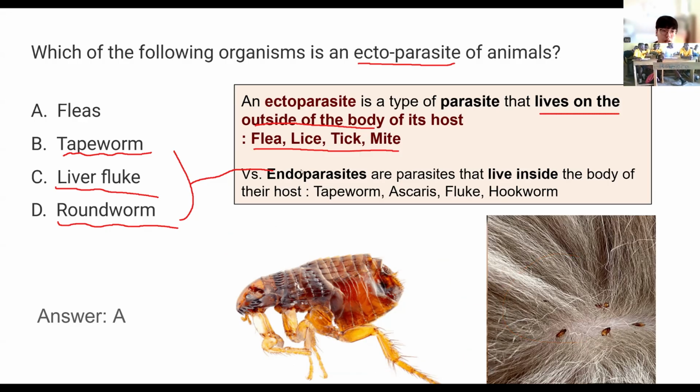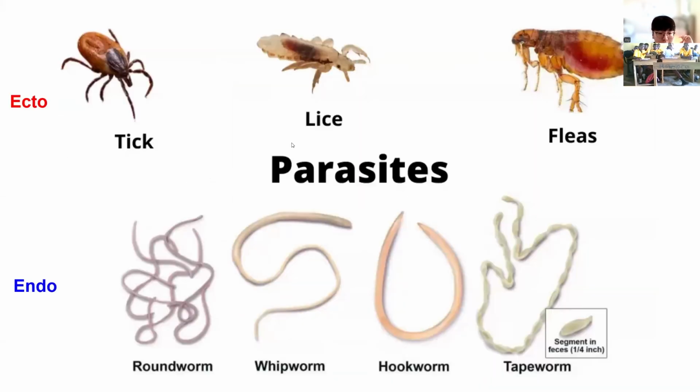Here are some comparisons between ecto and endoparasites: ectoparasites like tick, lice, and fleas versus endoparasites like roundworm, whipworm, hookworm, and tapeworms.